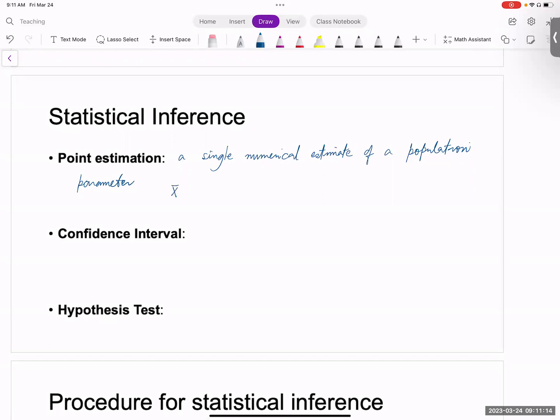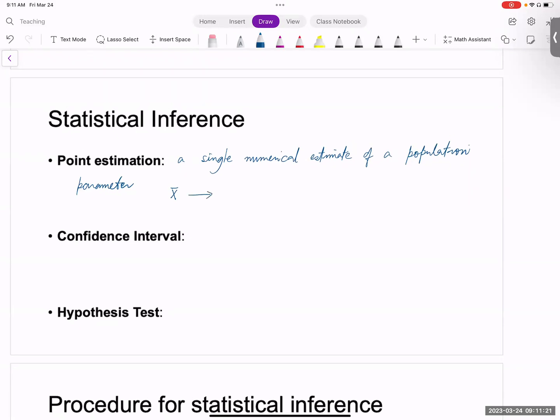We use sample mean, which is X bar, also called the sample average, to estimate the population mean mu. So X bar is your sample mean and mu is your population mean. Similarly, we have used sample variance to estimate population variance sigma square.